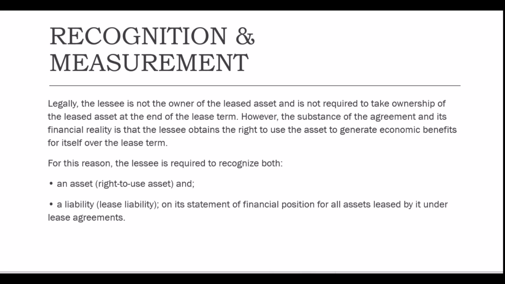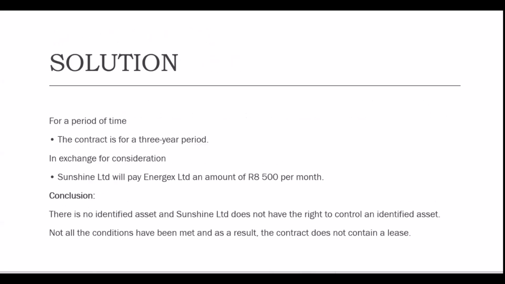Mr. Gordon? Yes, I was fighting with my mic. I have an issue with the last part that says direct the use of the asset. Shouldn't that still remain with the lessor?